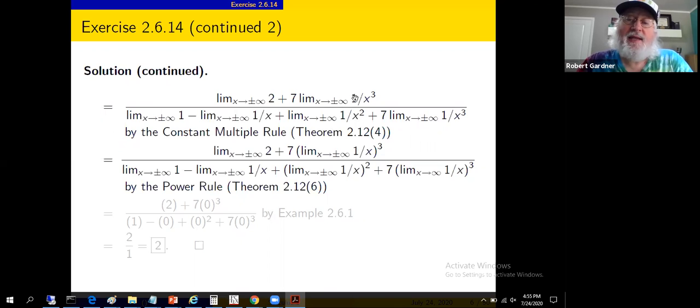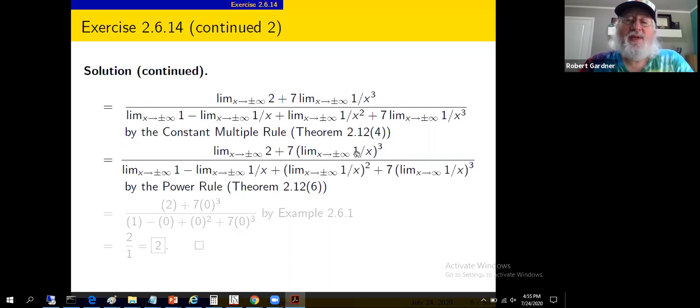Effectively, I can take that limit inside that cubing function. The power rule tells you that. So we take limits inside and get the cubing on the outside here, and the squaring on the outside there. So we've used the power rule actually in 3 different places on that one. And we're good to go.